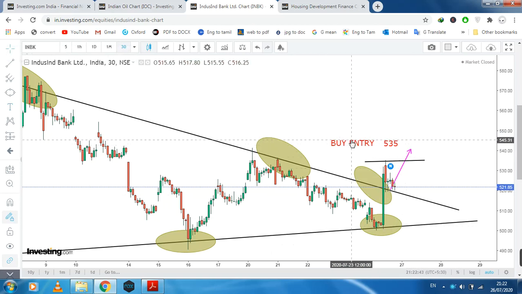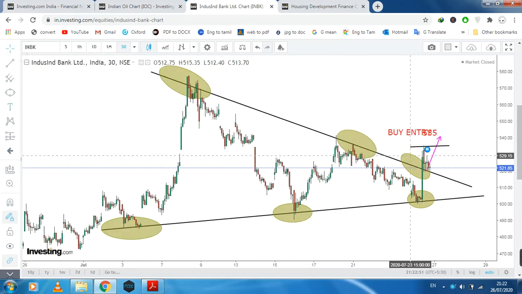Buy on 535, above this previous close. And what is the target?